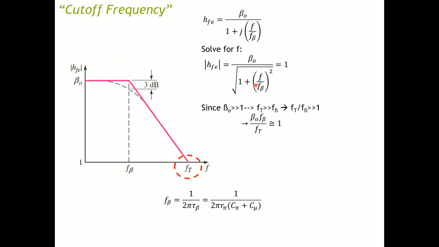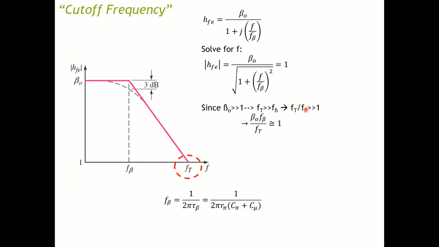I can do that, but it's a little bit complicated, so I can make the math simpler by using the fact that beta is pretty large, usually over 100. If beta is very large, you can imply that FT is a lot larger than f beta, as you can see here.